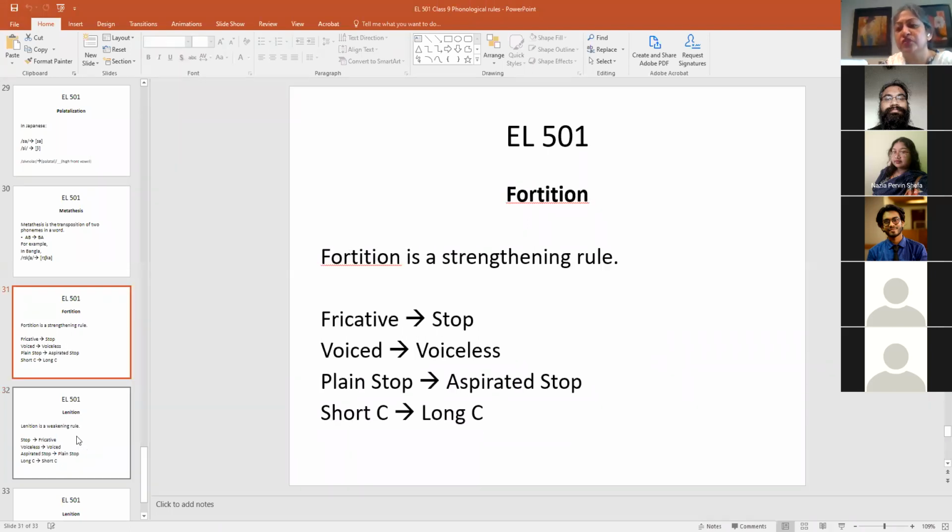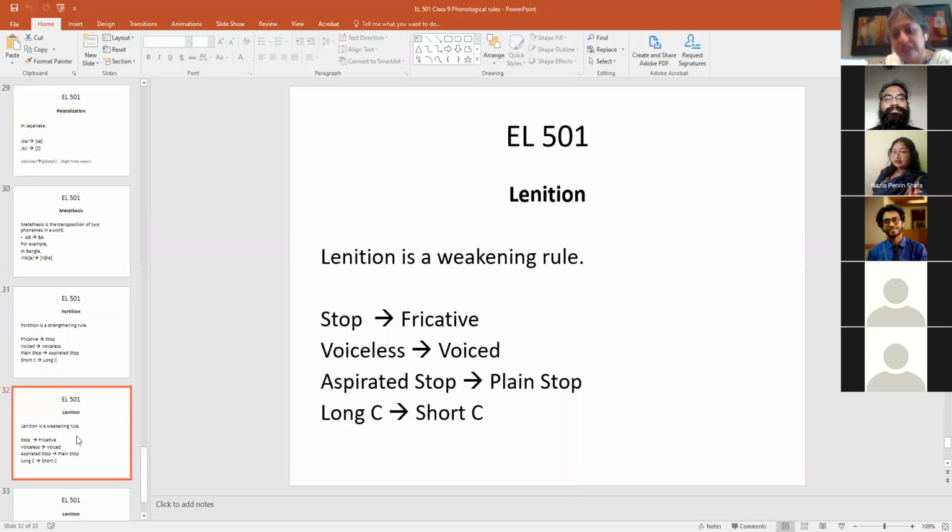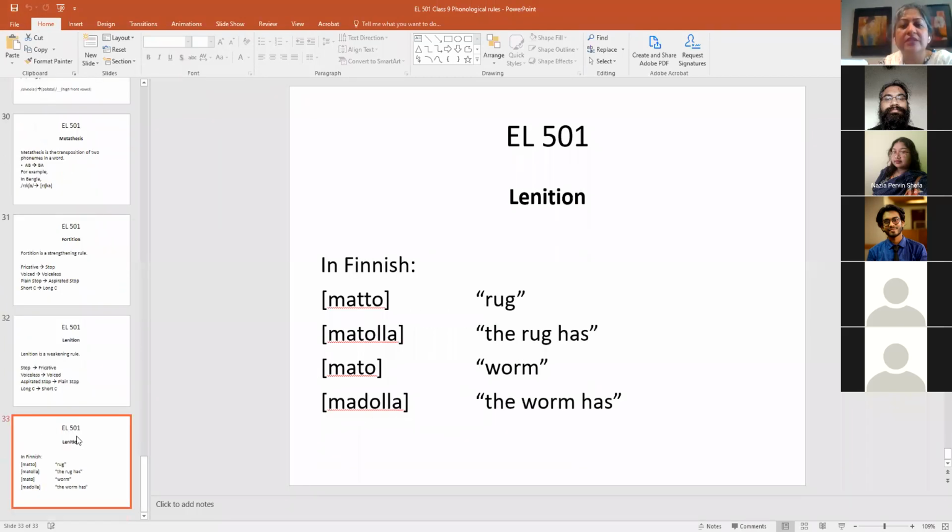All right, so you have, like I said, the fortition rule. If a fricative becomes a stop, voiced becomes voiceless, a plain stop becomes an aspirated stop, and a short consonant becomes a long consonant, then you know the lenition rules. You have to write the exact opposite. So just to give you an example of lenition, how it happens in the Finnish language, you have matto, which has long consonants, right?